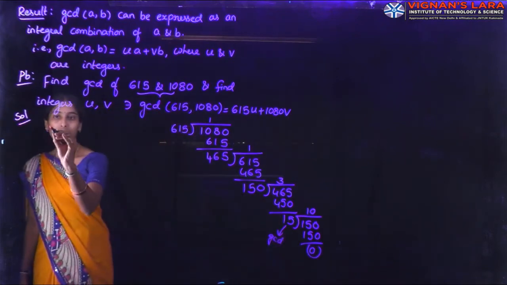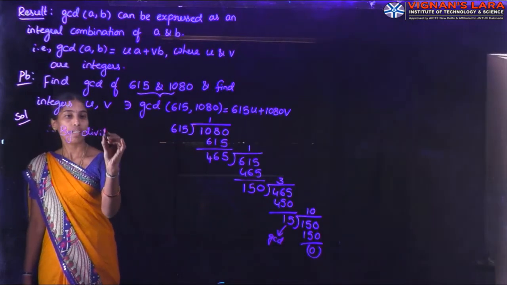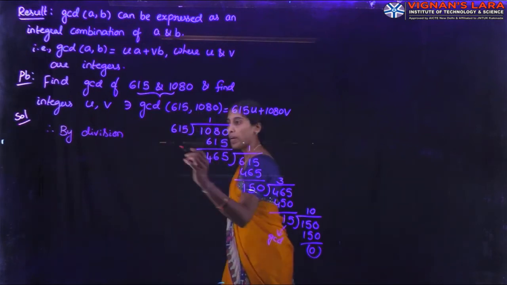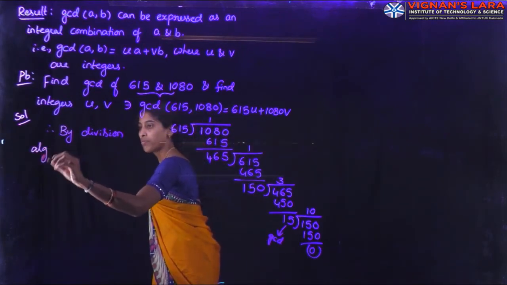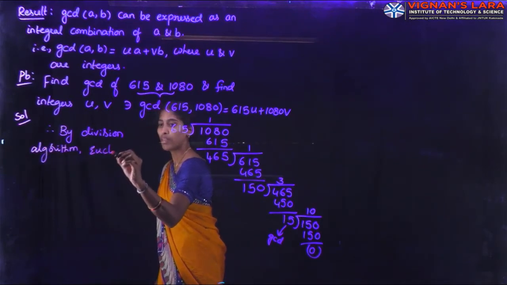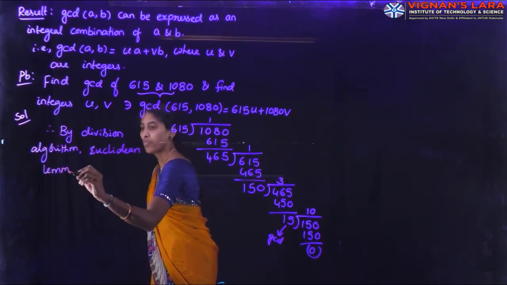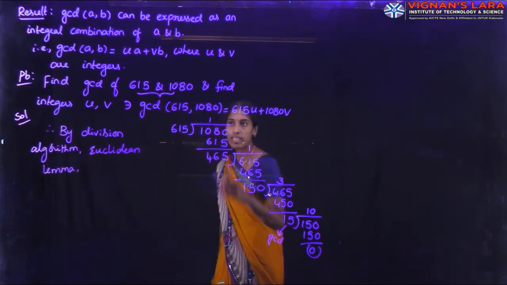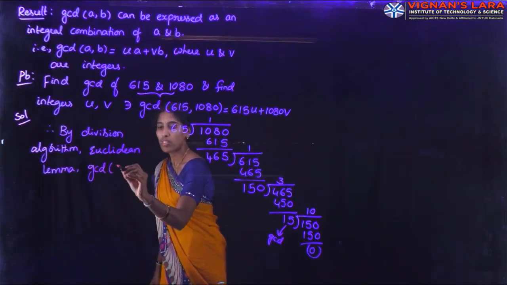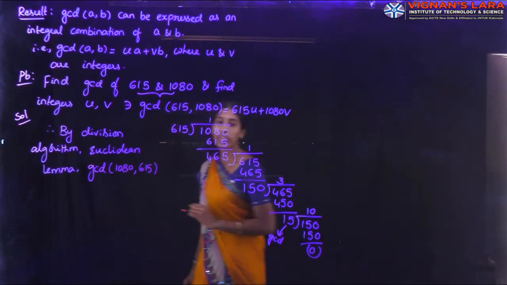So we can write, therefore, by division algorithm and Euclidean lemma, GCD of these two, we can write like this, 1080 comma 615 or 615 comma 1080.